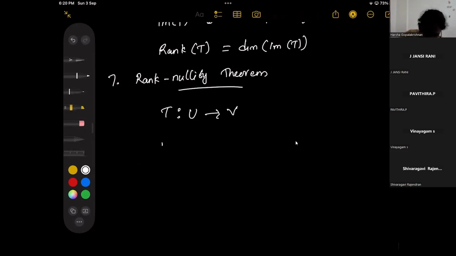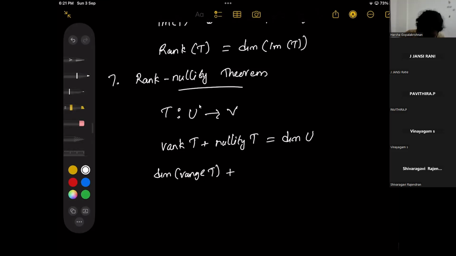Okay, what it states is: rank of T plus nullity of T equals dimension of U. Here, T is a linear transformation from U to V, and rank of T means the dimension of the range of T, and the nullity of T is the dimension of the null space of T. The result states that if we add those two dimensions, that is rank of T plus nullity of T, we will get the dimension of the space U. That means, just rewriting it in different words: dimension of range of T plus dimension of null space of T equals dimension of U. Clear?